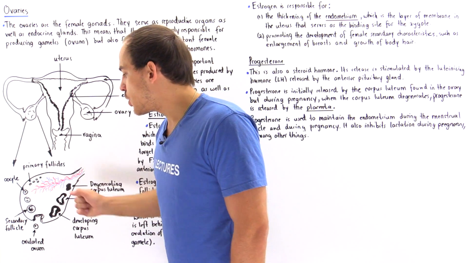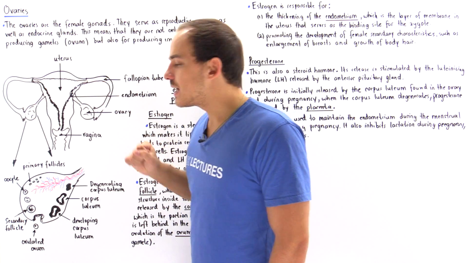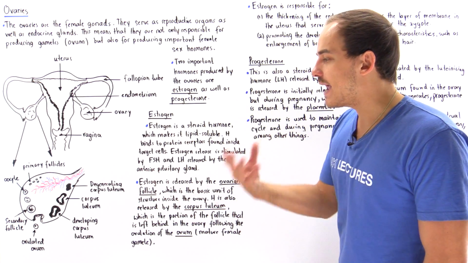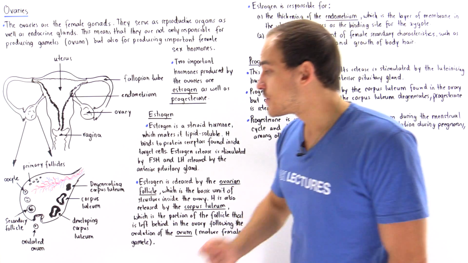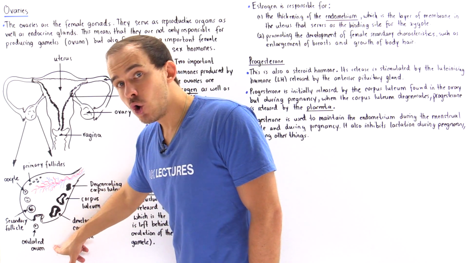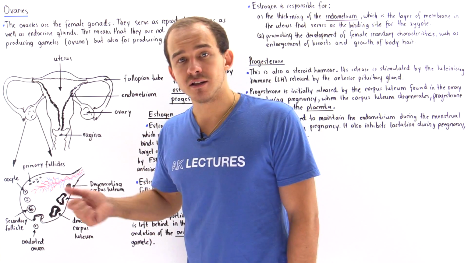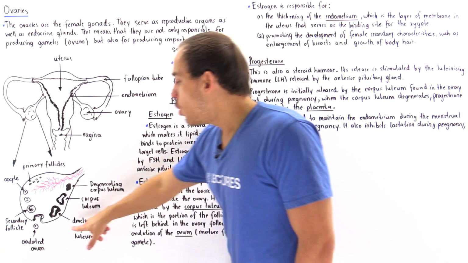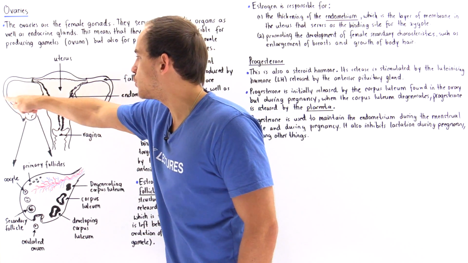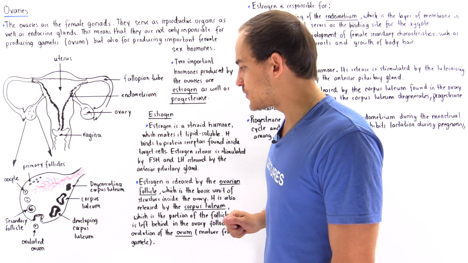They mature into the oocyte, then they become the secondary follicle, and that secondary follicle eventually undergoes the process of ovulation. This is the release of the mature ovum, the mature egg cell, into the cavity known as the peritoneal cavity. And then, once released into our peritoneal cavity, it travels into our fallopian tube and eventually into our uterus.